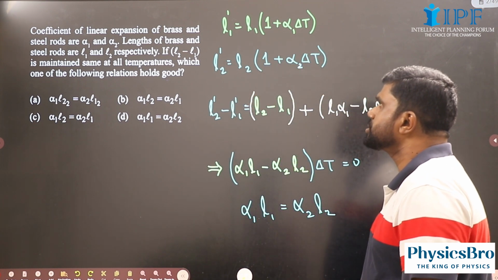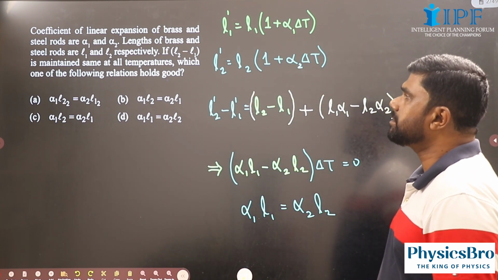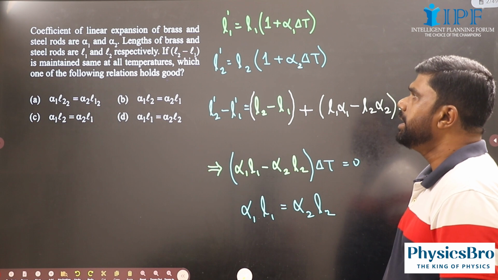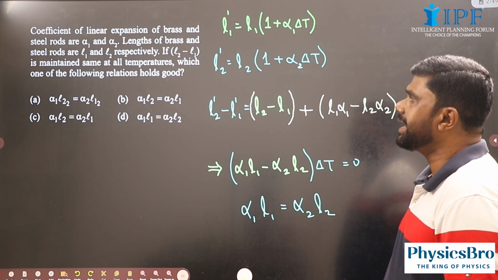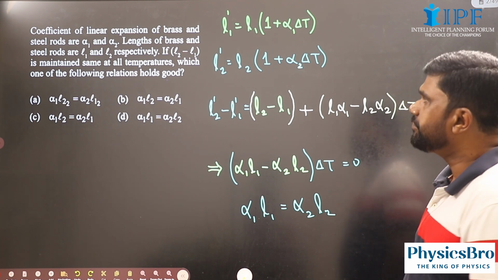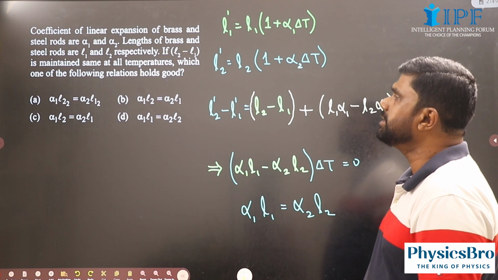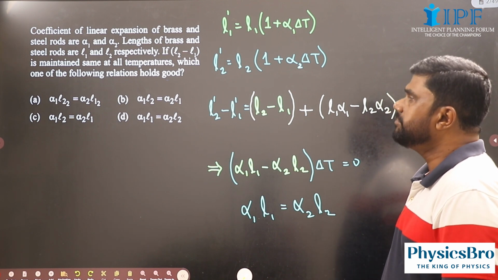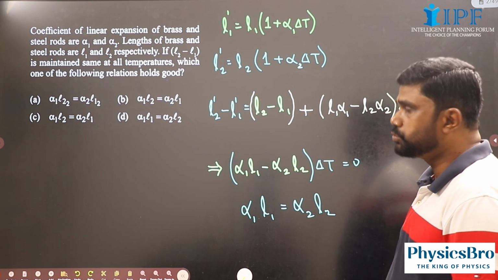Coefficient of linear expansion of brass and steel rods are alpha 1 and alpha 2. Lengths of brass and steel rods are L1 and L2 respectively. If L2 minus L1 is maintained the same at all temperatures, which one of the following relations holds good?